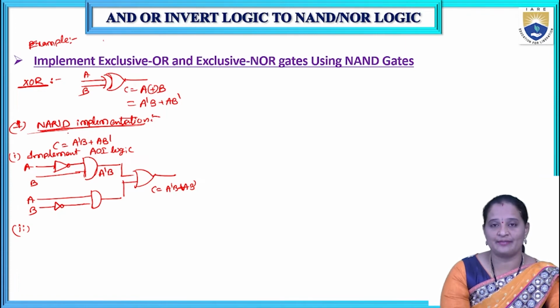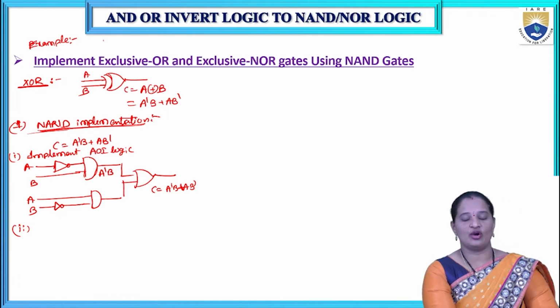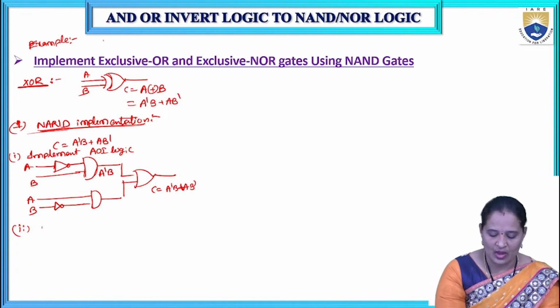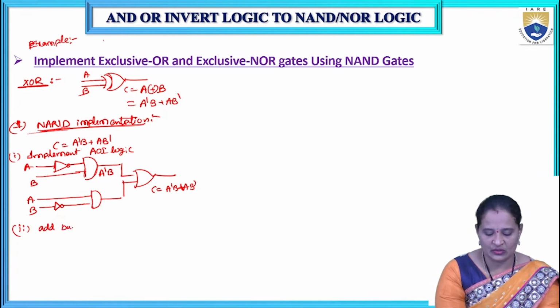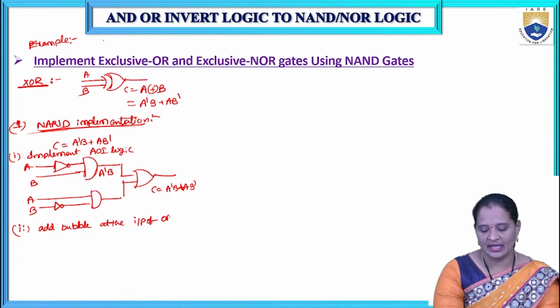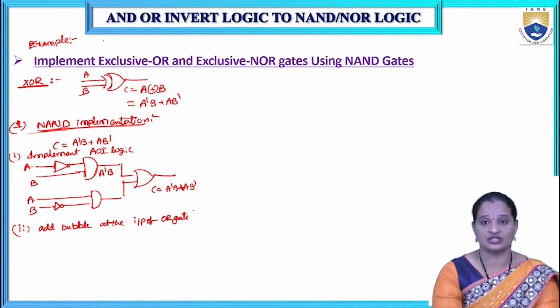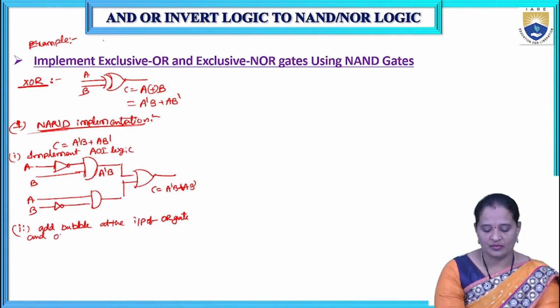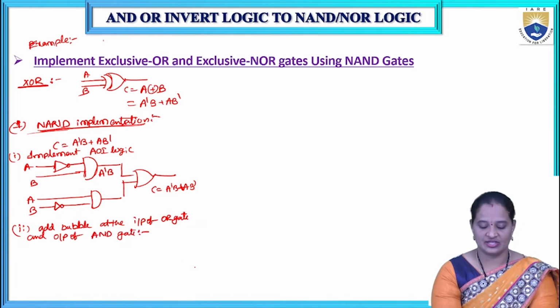So in step 2, add bubbles at the inputs of the OR gate and at the outputs of the AND gates. This is the second step, right?